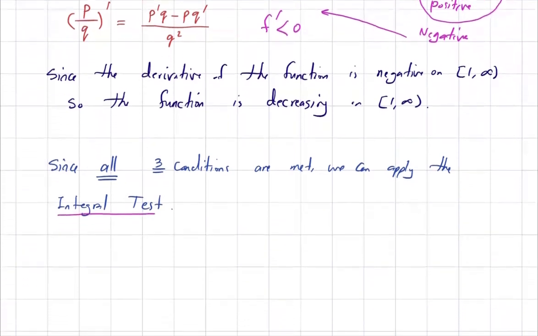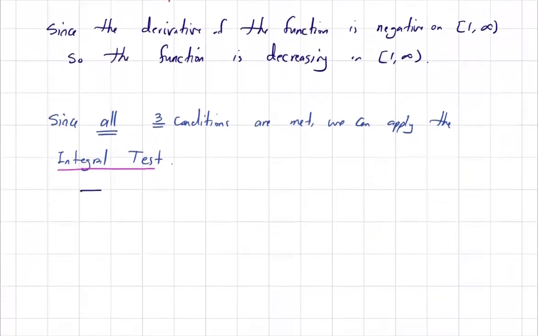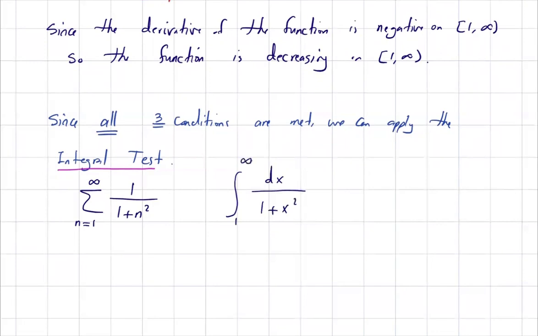So the series of 1 divided by 1 plus n squared, n starts from 1 goes to infinity, can be approximated using the integral of dx divided by 1 plus x squared, x starts from 1, goes to infinity. But I already know how to deal with this integral. This is basically inverse tangent. This is arc tangent of x, x starts from 1, goes to infinity.